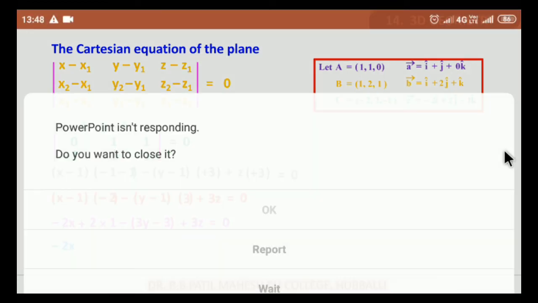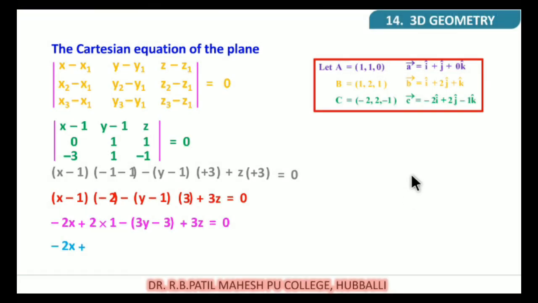Therefore, we can make the simplification: minus 2x plus 2 minus 3y plus 3, because minus into minus becomes plus 3, so plus 3z is equal to 0. For the simplification we have minus 2x minus 3y plus 3z plus 2 plus 3, so that plus 5 is equal to 0.